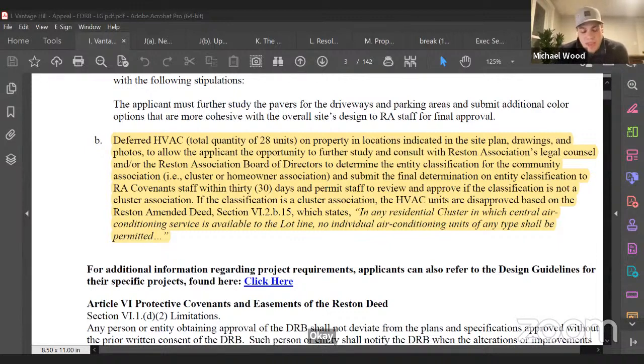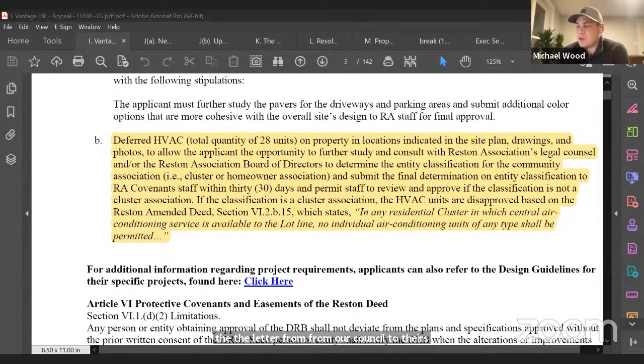All right, so guys, with that information, we know that they're going to assign themselves as a condominium association, which means that the RELAC deed does not apply in this instance. At least that's the letter from our council to theirs.